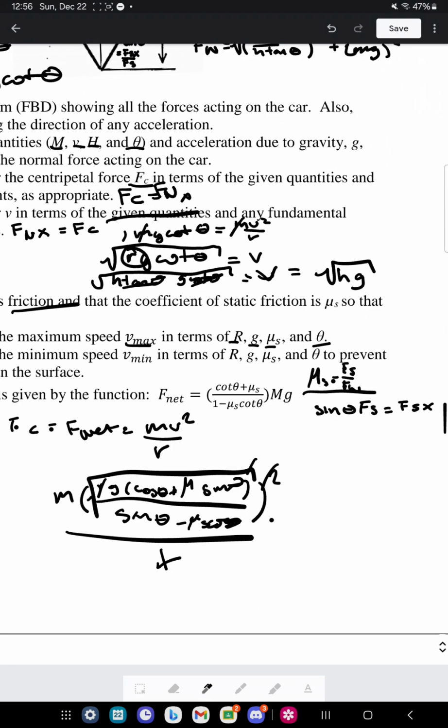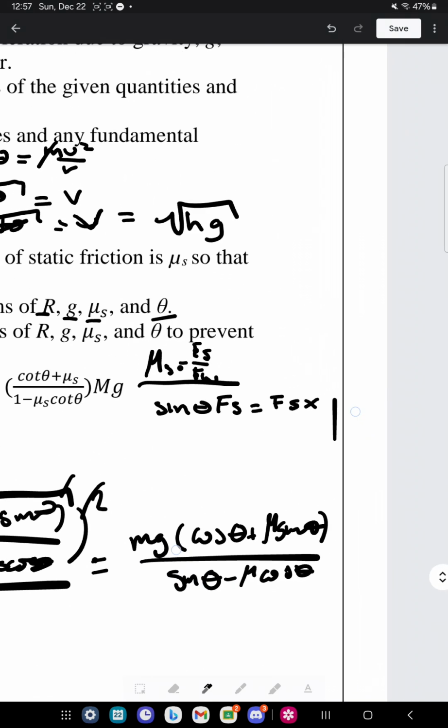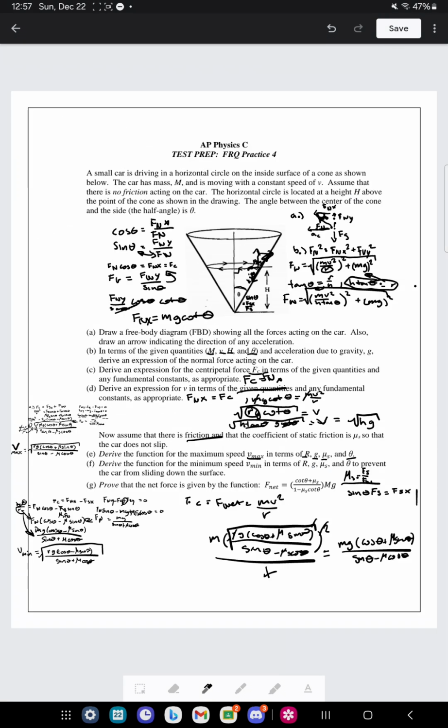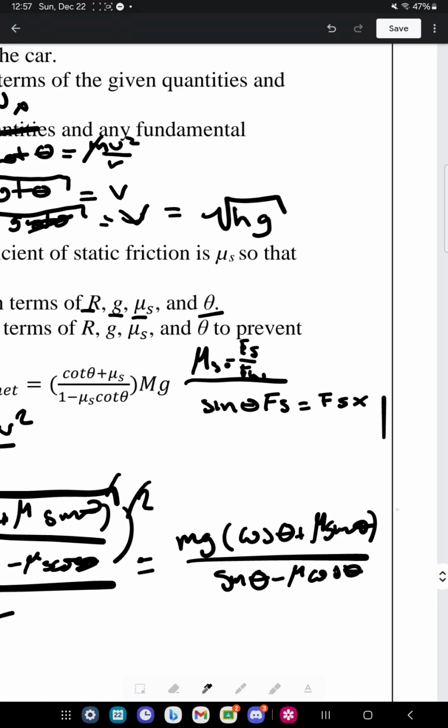So we were left with f net equals mg (cosine theta plus mu sine theta) over (sine theta minus mu cosine theta). And if I divide everything by sine, I multiply this by 1 over sine theta and 1 over sine theta.